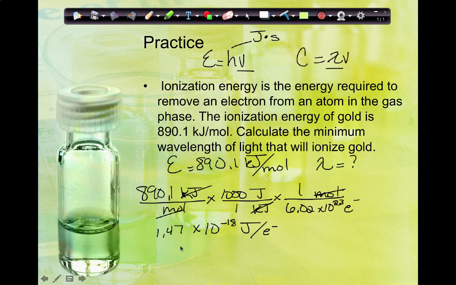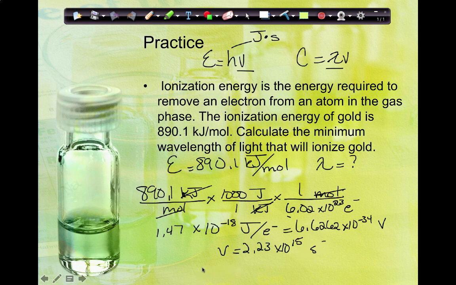All right, so now I have my energy. I can go ahead and solve for the frequency. So it's 1.47, actually, that's equal to Planck's constant multiplied by the frequency. So now we're gonna solve for the frequency, and that's gonna be 2.23 times 10 to the 15th.